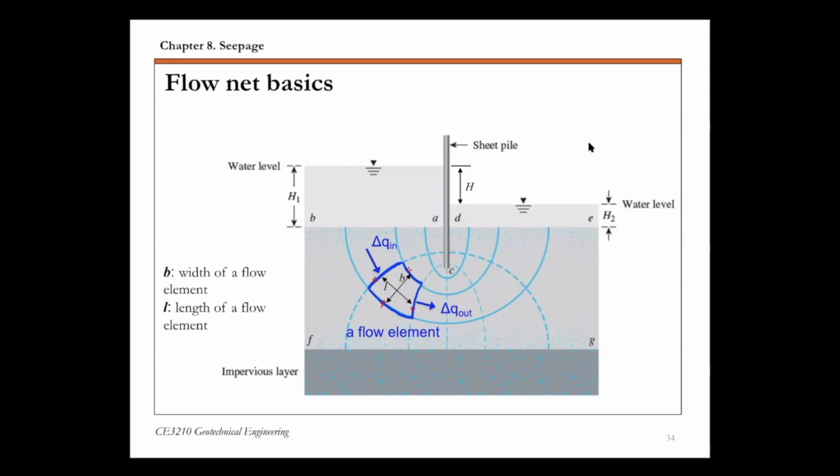So for this flow element here, we call B the width of the flow element, that's perpendicular to the flow direction. And L, the length of the flow element, that's parallel to the flow direction. So that's the flow element. And delta Q is basically the flow quantity in and out of that flow element. So they are equal by just continuity of flow.